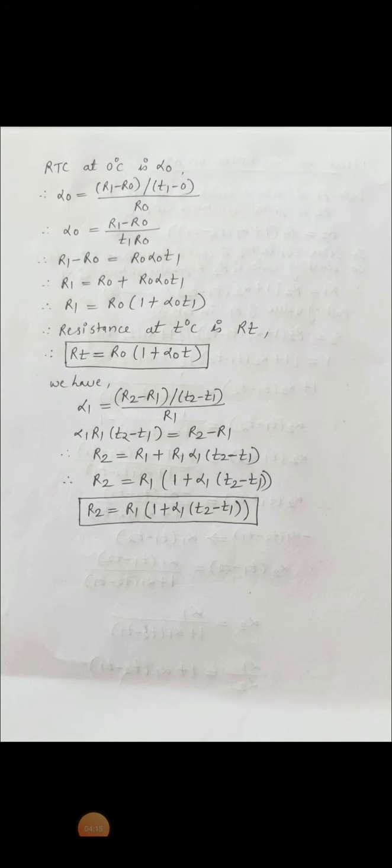And also we have alpha 1 equals R2 minus R1 divided by T2 minus T1, divided by R1, right? So again we can rearrange. So R1 alpha 1 times T2 minus T1 equals R2 minus R1. So R2 equals R1 plus R1 alpha 1 times T2 minus T1. So I can take R1 common.